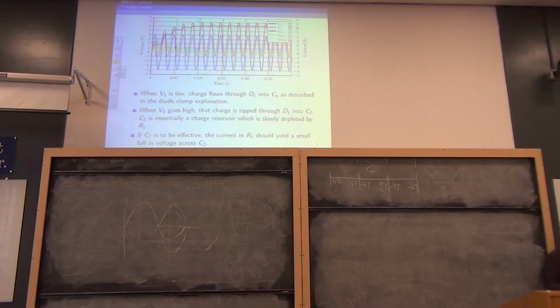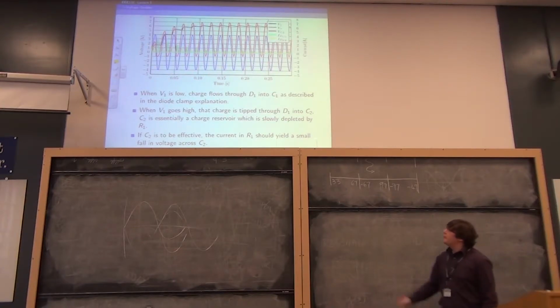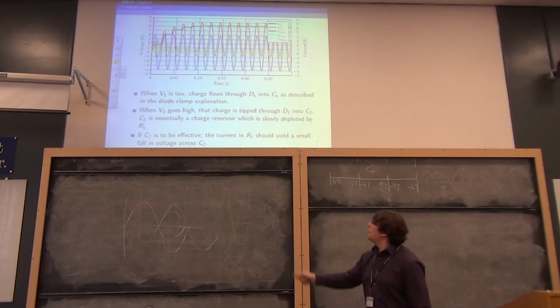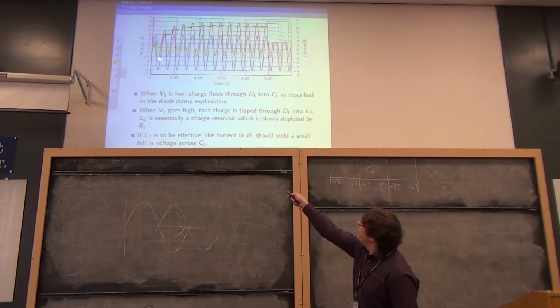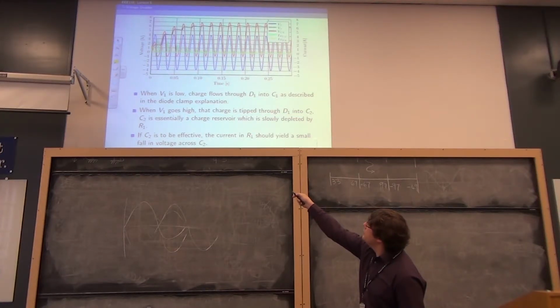At this point, we have clamp operation, so when V1 is low, I take to mean this bit here, and this bit here, and this bit here, and so on and so forth.